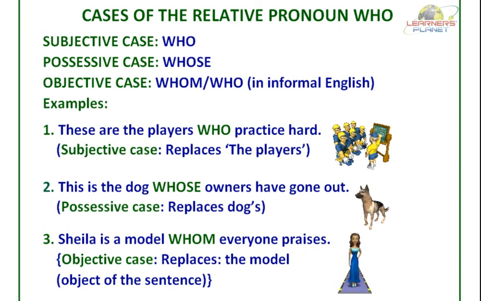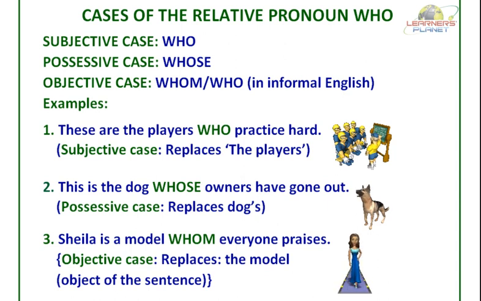Similarly, when a relative pronoun is used for a noun that is the object of a verb, it is said to be in the objective case. These pronouns are used for singular as well as plural nouns. Who is generally used for persons, but it may refer to animals also.